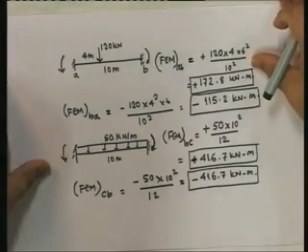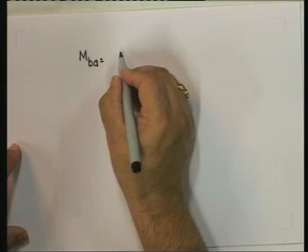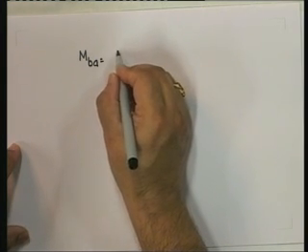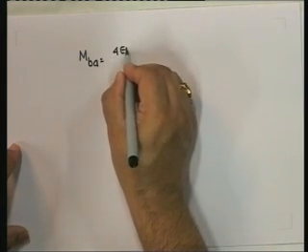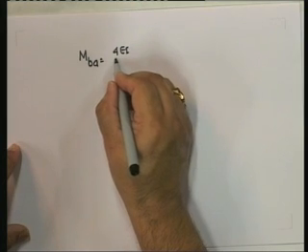So let me plug those into my equations, and what do I get? I get that MBA is equal to 4 EI, and now I'm going to put in the value of 10.